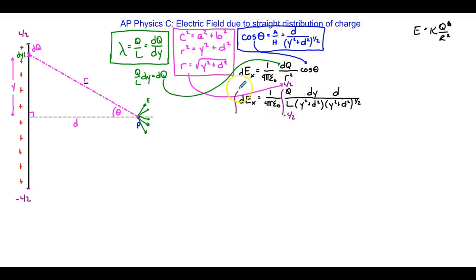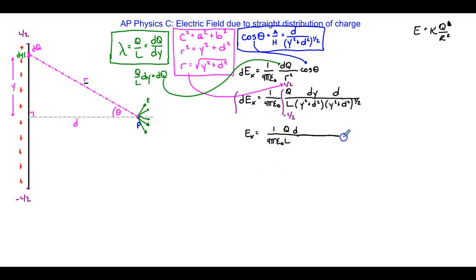In my next step, once I've integrated all of this, this just becomes E, the x component of the electric field. My constant is 1 over 4 pi epsilon naught. But I'm going to make some substitutions. I need to bring out my constants. Q is a constant. That's not changing, the charge over the whole piece. L is also a constant. That gets pulled out. And d up here is also a constant. That's not changing, so I bring d out.